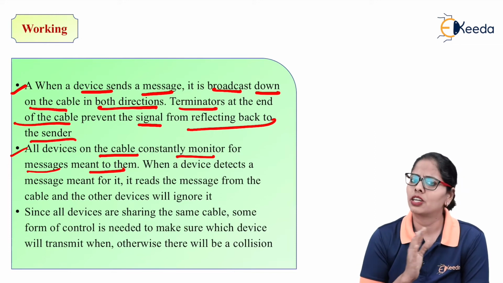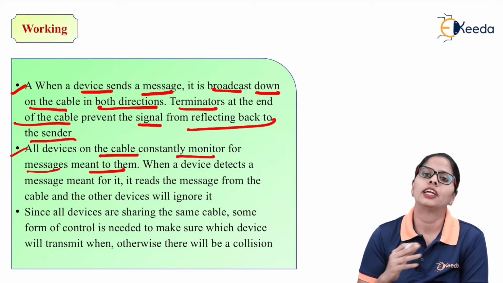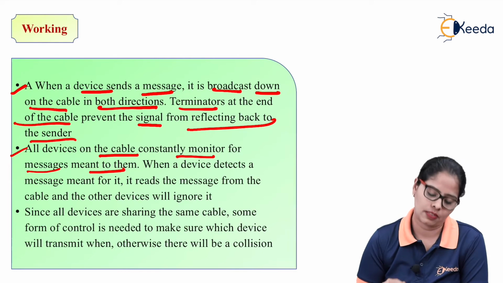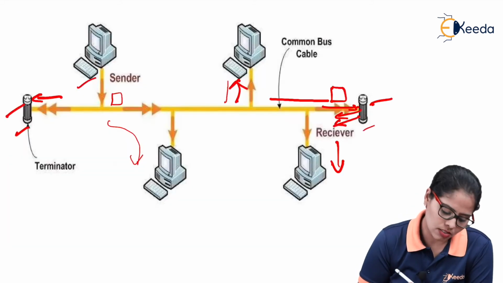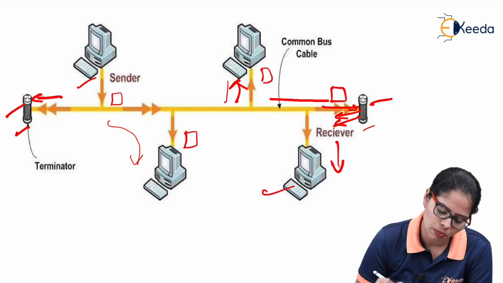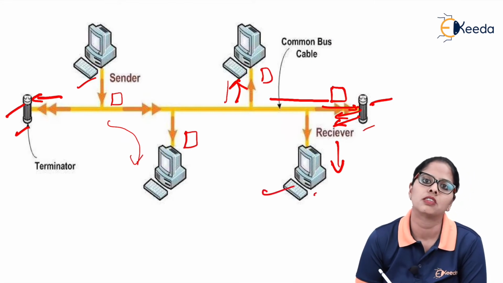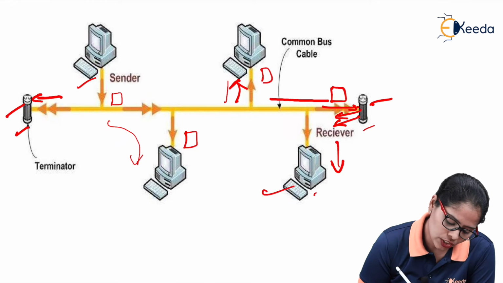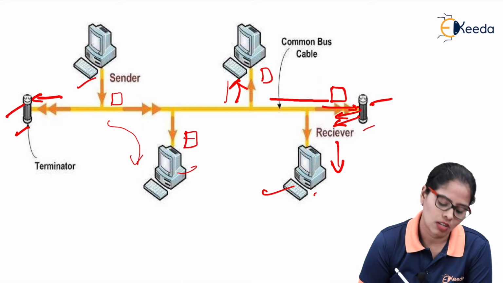If the destination address is not matching, it will discard the packet. Just now we discussed the packet is sent to every device, but in this case, who is my receiver? This PC is my receiver. Whenever the packet comes to this computer, it will check the destination address. It is not matching, so it will discard.